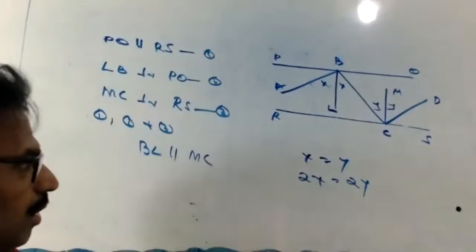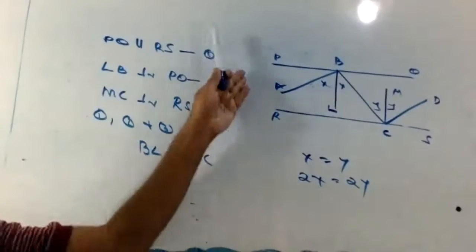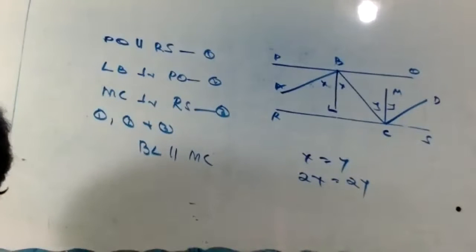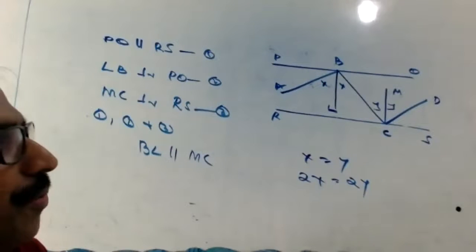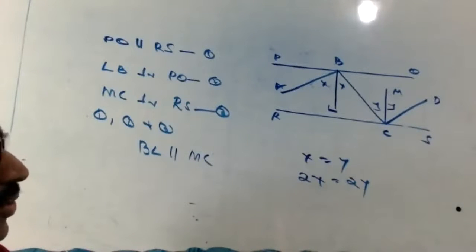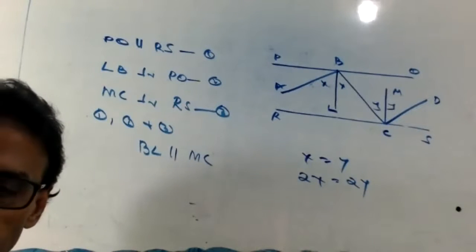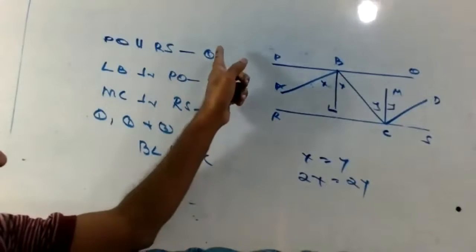Look at here now. First, this part is okay or not? PQ parallel to RS, number one.